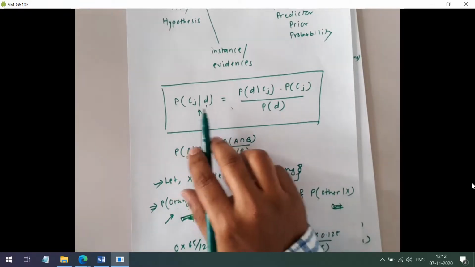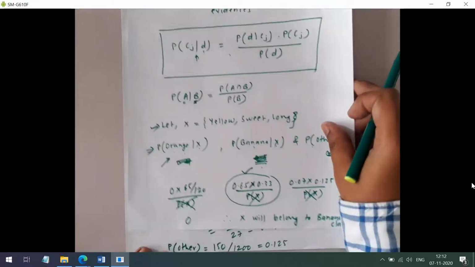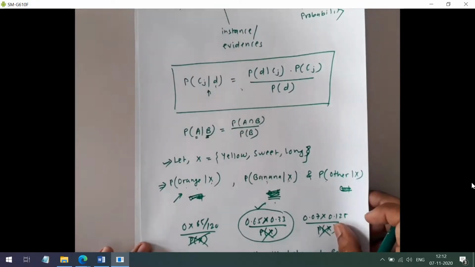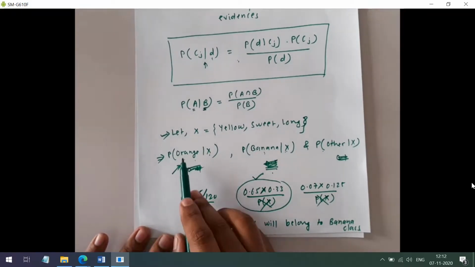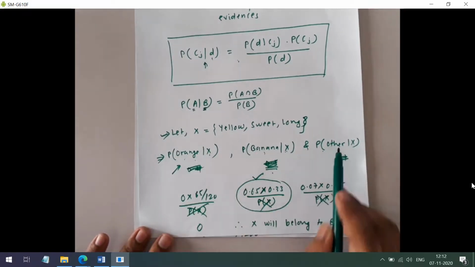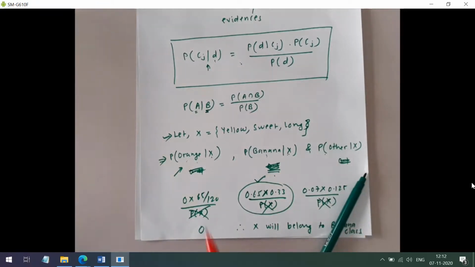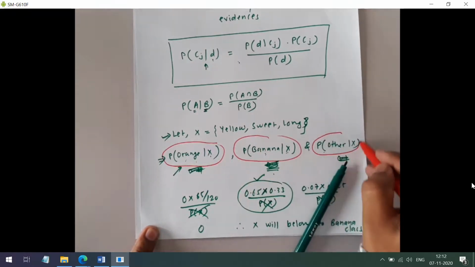That's why we make use of the Bayesian classifier. In this problem we have three classes: orange, banana and other. So we have to calculate these three probabilities: probability of orange given x, probability of banana given x, and probability of other given x.